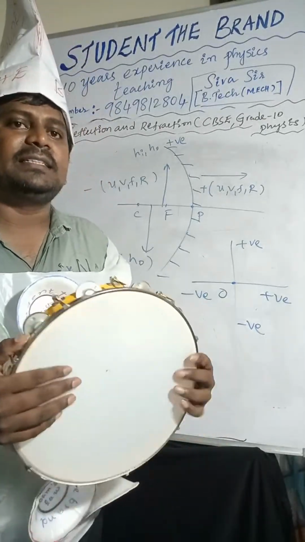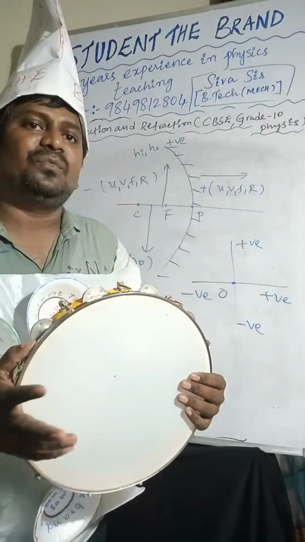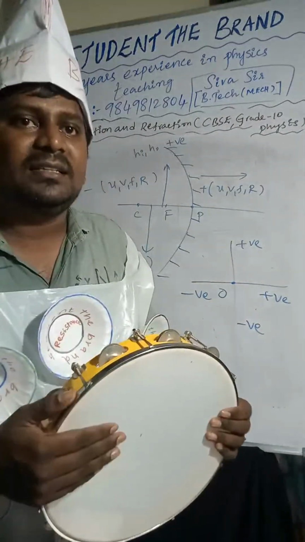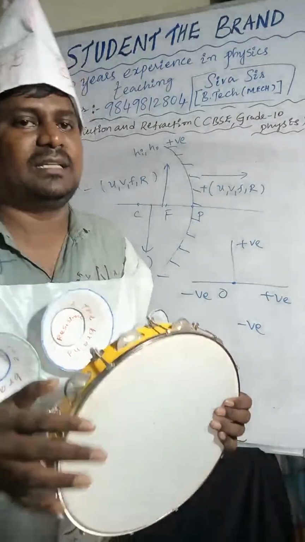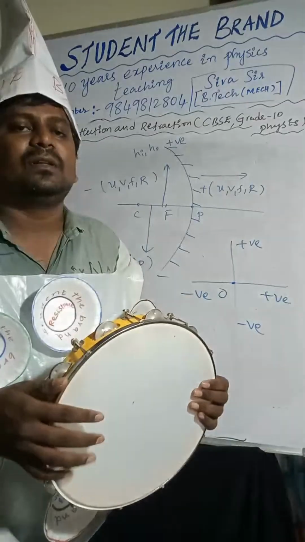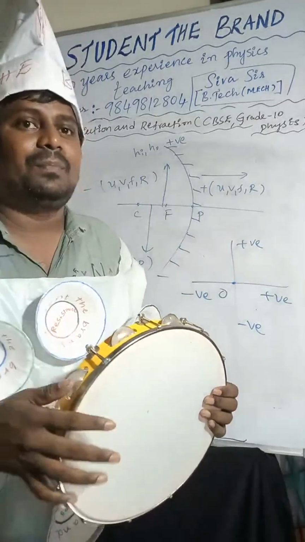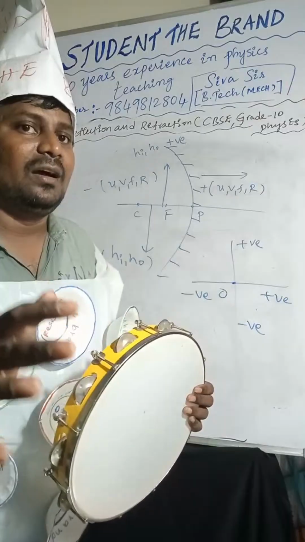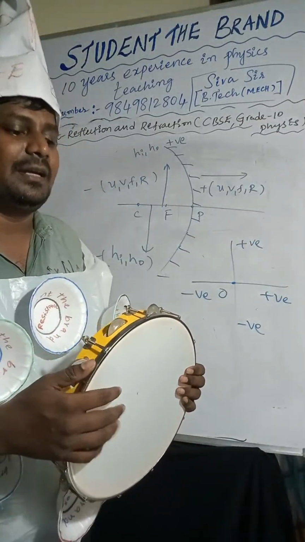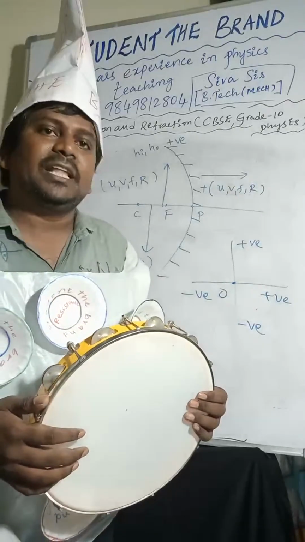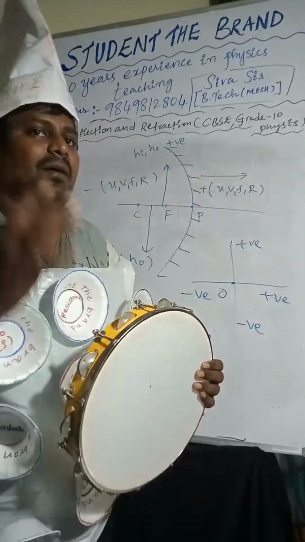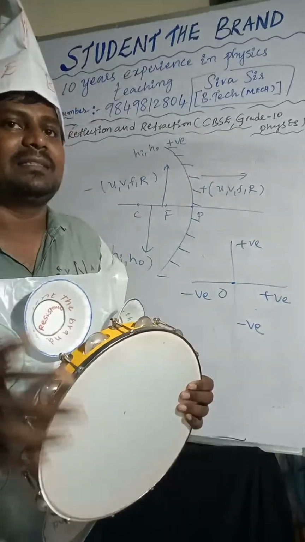New Cartesian sign convention. All distances measured from the pole. Distances are positive along the incident rays. Distances are negative opposite to incident rays. Distances are positive above the principal axis.